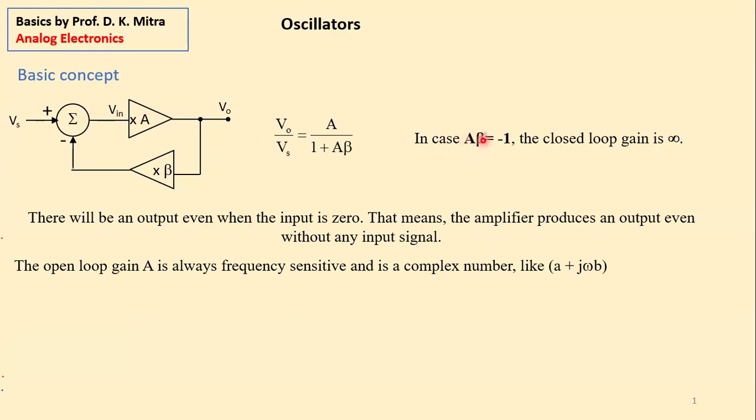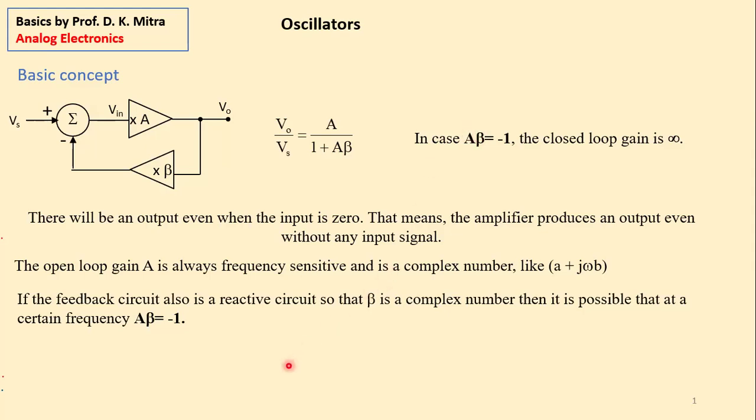That means -1 is a real number. If A is a complex number, then beta also has to be a complex number to make the product A beta equal to -1. That means the feedback circuit also has to be a reactive circuit so that its transfer characteristics is a complex number, so that beta is a complex number.